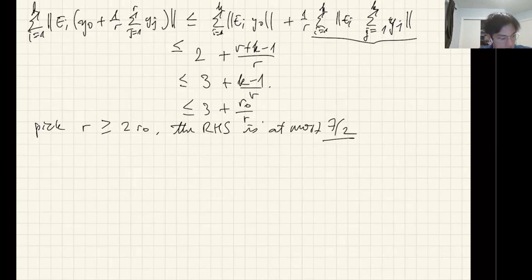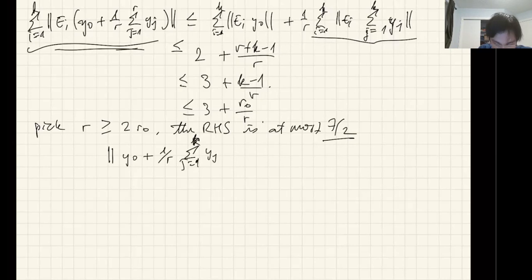And what does that mean? That means that, because remember this is an admissible sum, times it by 2, and we get y_0 plus 1 over r, sum of j equals 1 to r, y_j, is less than or equal to 7 over 4. Okay, now we're going to get to the contradiction, because we see that this is less than 7 over 4.